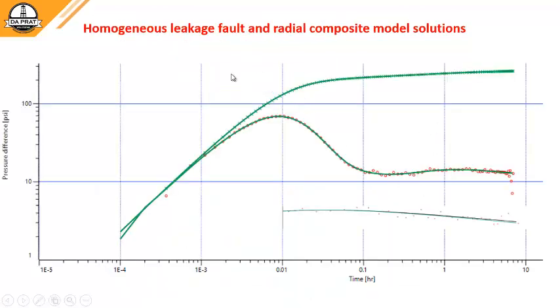And here we try to look for possible models to simulate the data. These two are presented here. I should say I tried other models, but the best ones were these two: a homogeneous leakage fault and a radial composite model.